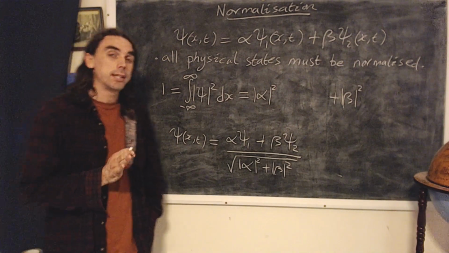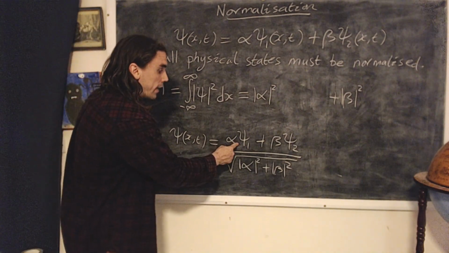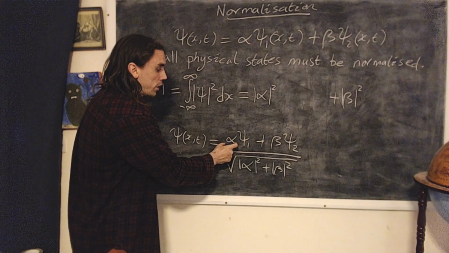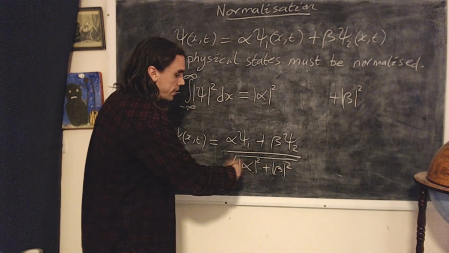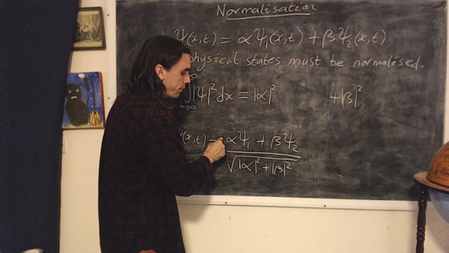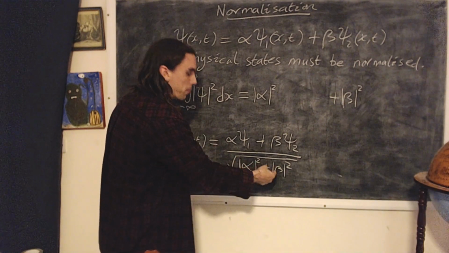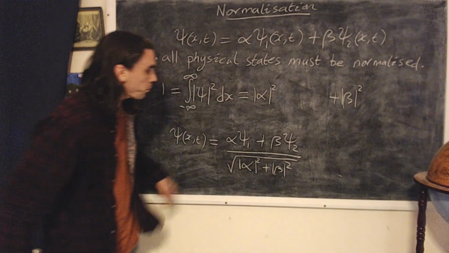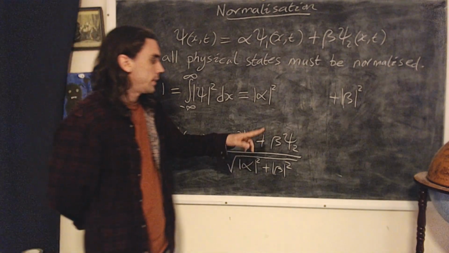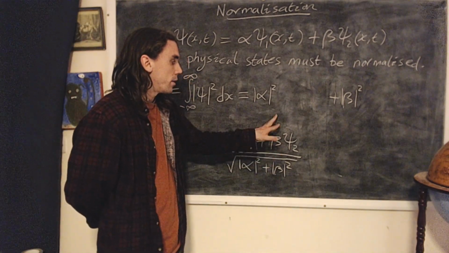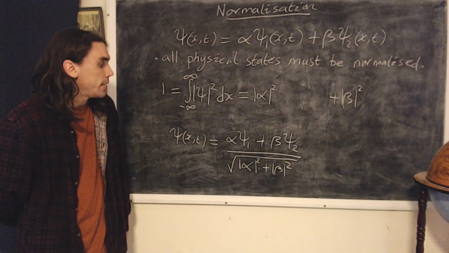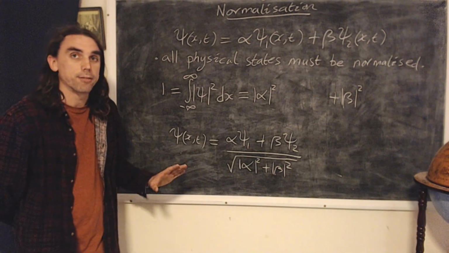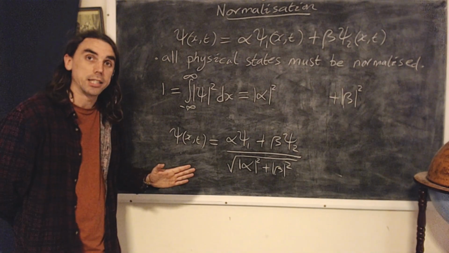And the probability that we'll find energy E1 is given by the modulus of alpha squared divided by the normalization, which would be this thing squared, so it'll be the modulus of alpha squared divided by the modulus of alpha squared plus the modulus of beta squared. And similarly, the probability for finding energy E2 will be the modulus of beta squared divided by the normalization. So this guarantees that the total probability to find the particle in some energy is equal to 1.